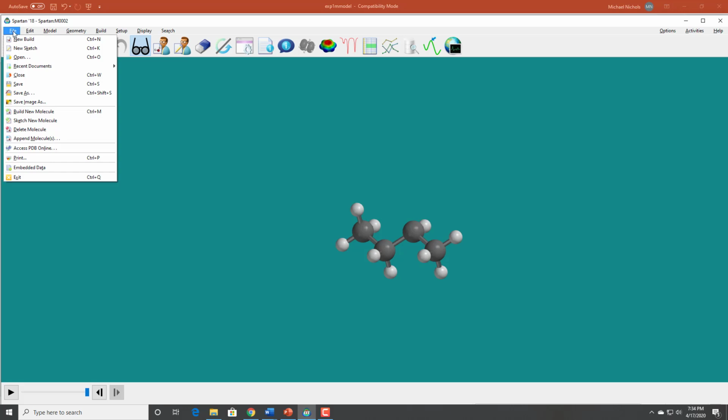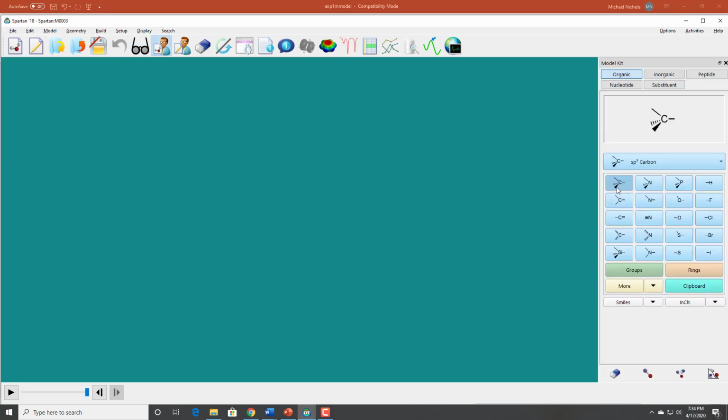Okay, new molecule. Let's make a tertiary carbocation, but now what I'm going to do is this. Now I'm going to bond 1, 2, 3. I'm going to make my tertiary carbocation, but now I'm going to erase that. So now there's my tertiary carbocation.